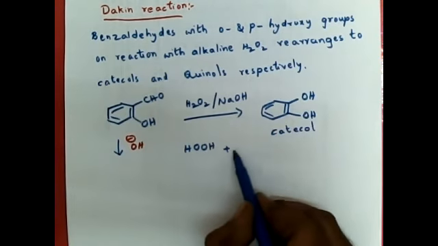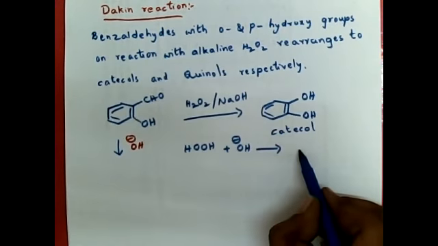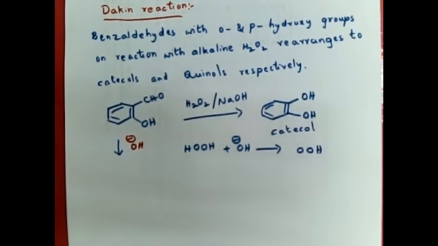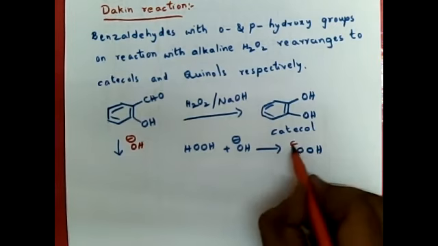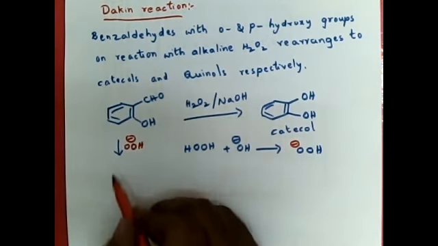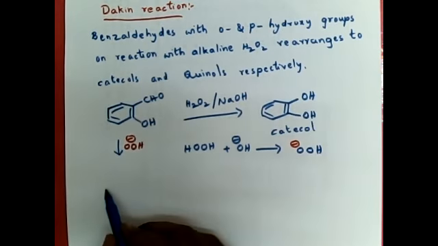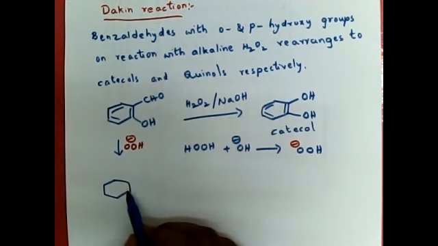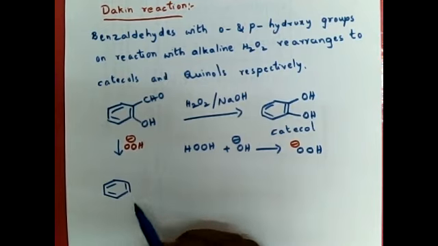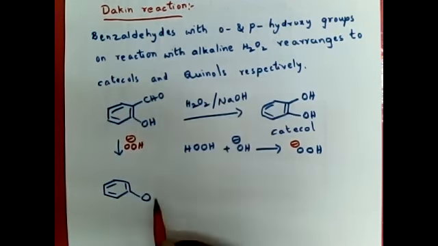First, hydrogen peroxide and sodium hydroxide will generate this peroxide anion. This peroxide anion now will add to the carbonyl carbon. Under basic conditions, of course, the phenolic proton will be removed easily because it is a more acidic proton.